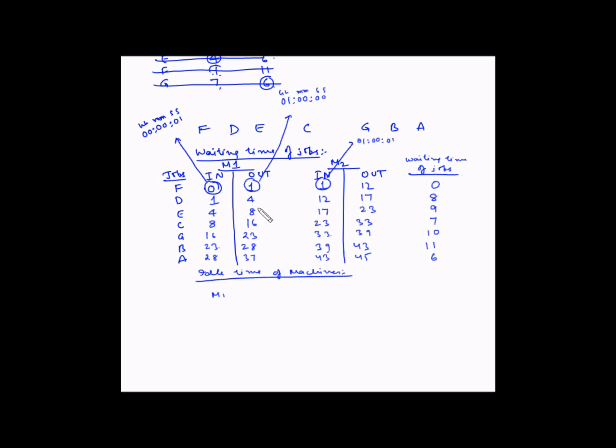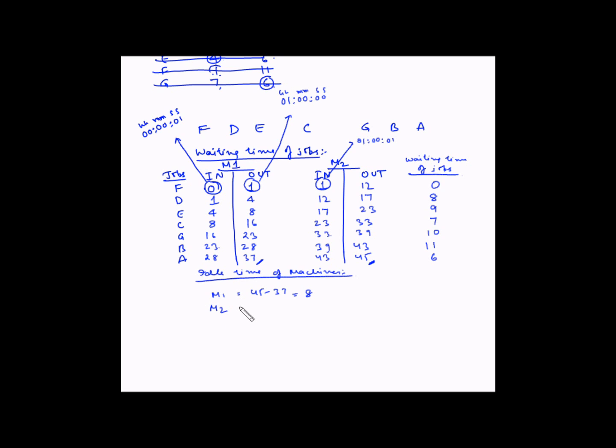Now it ends on the 37th hour, whereas M2 is still processing till the 45th hour. So on an overall basis, machine M1 is idle from the 37th hour till the 45th hour. So the idle time of machine M1 is equal to 45 minus 37, which is equal to 8 hours.